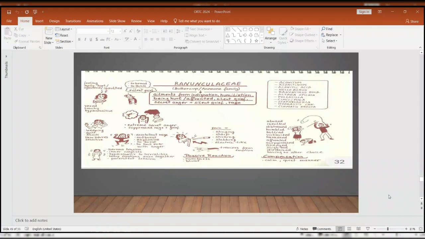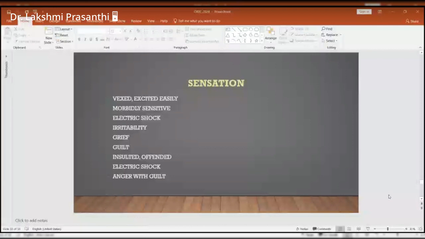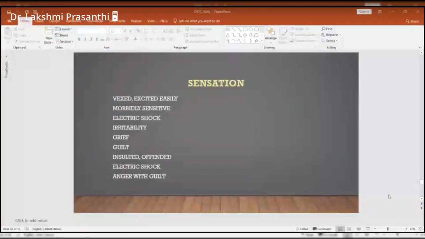Themes of being abused, insulted, a lot of irritability, offended, and being in a very primitive state of development. There are themes of raw nerves, penetrating, electric shock, insulted and offended feeling, excited easily, morbidly sensitive, with themes of anger and guilt. Anger and guilt run throughout the family.